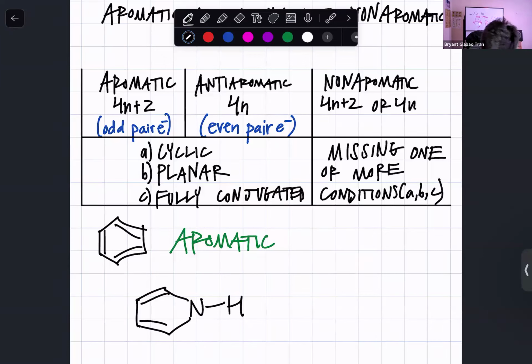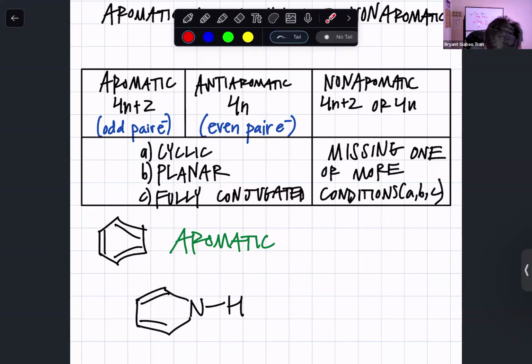So to guide you guys, let me ask you guys questions. The first thing I look at is the three conditions, right? These three conditions here. Is this in a ring, resonating in a ring, right?